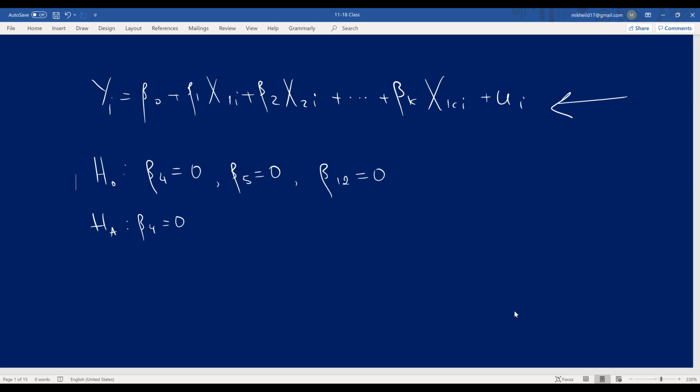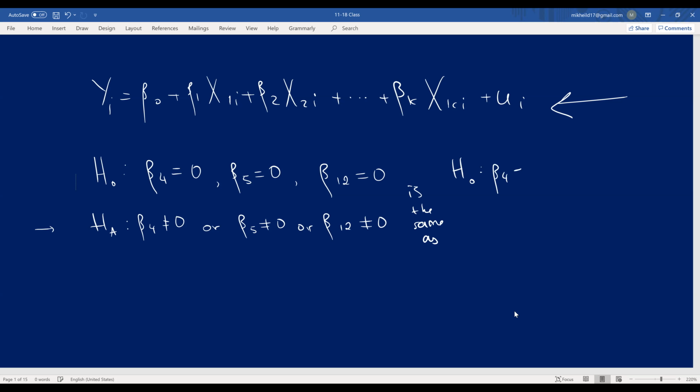What is the alternative of this? I asked, what is the alternative of this H null, and the alternative is, right? But this is the same as what? As this, right?